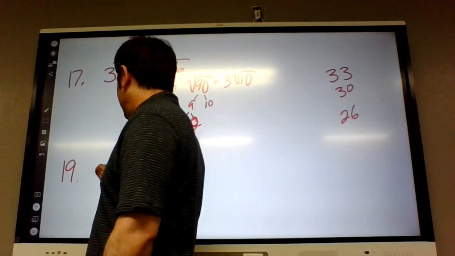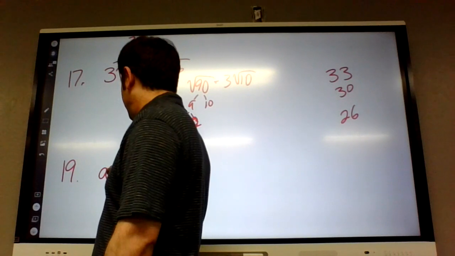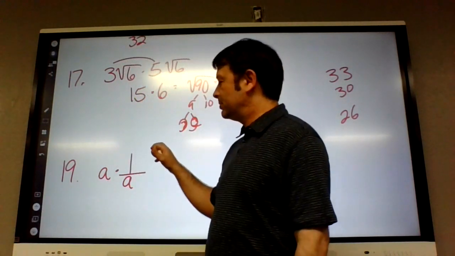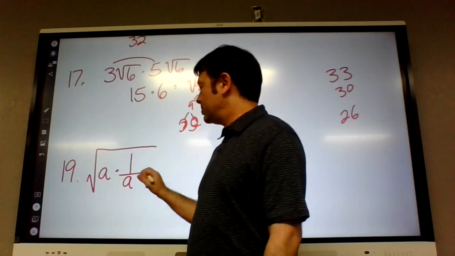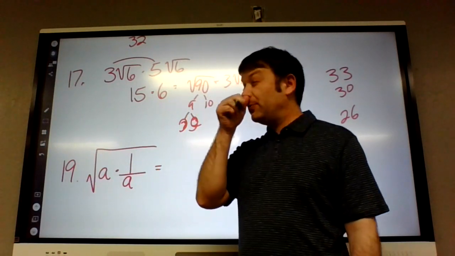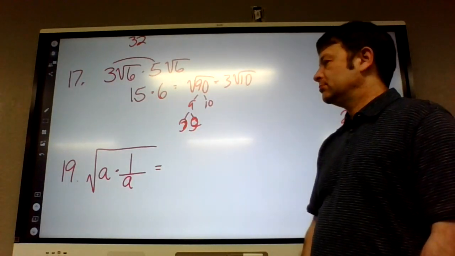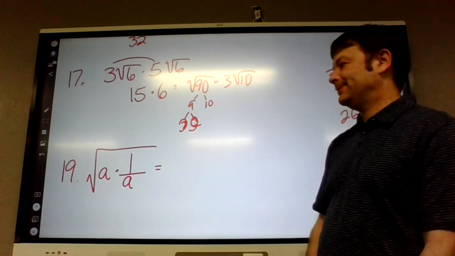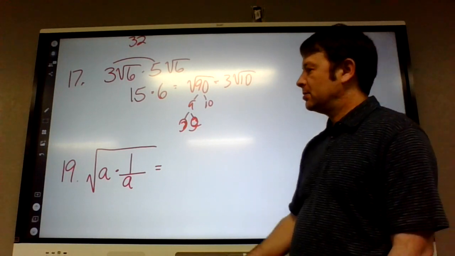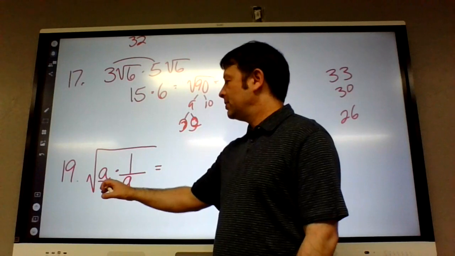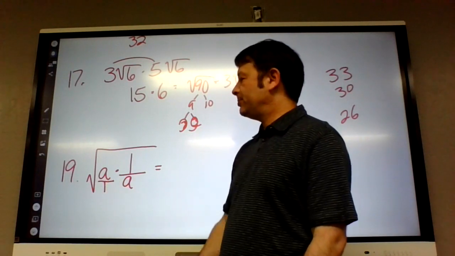Okay, 19. So we gotta do the geometric mean of a and 1 over a. So we have to multiply them together and then square root them. So what is a times 1 over a? How do we multiply fractions?